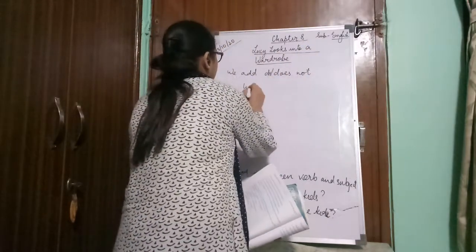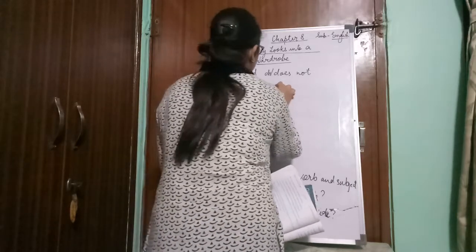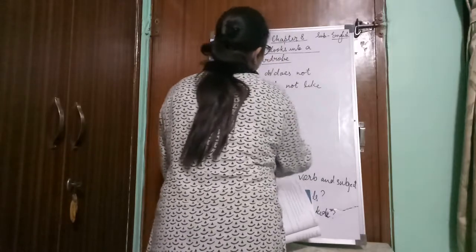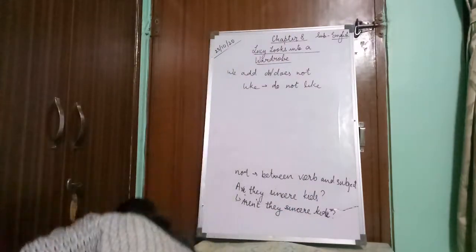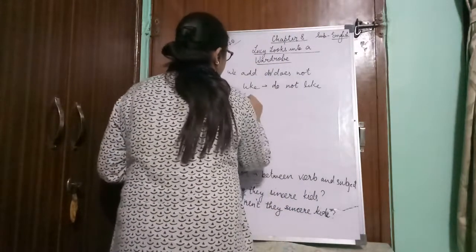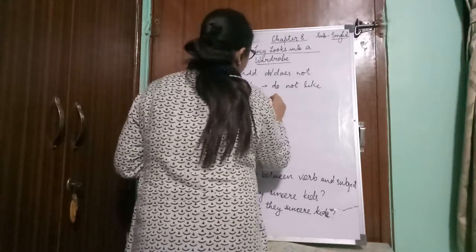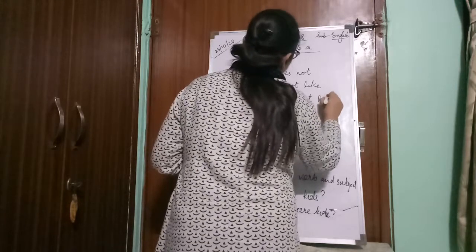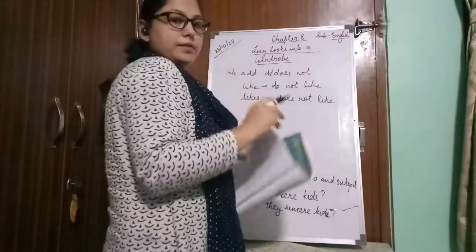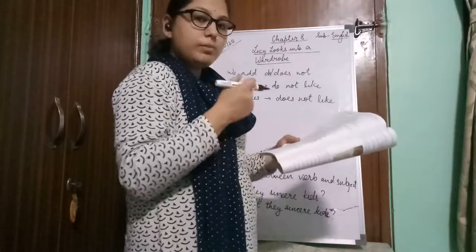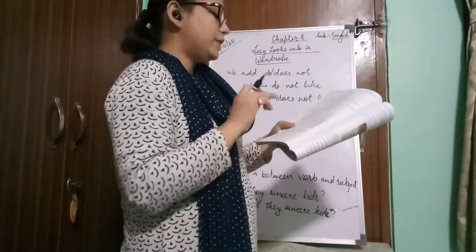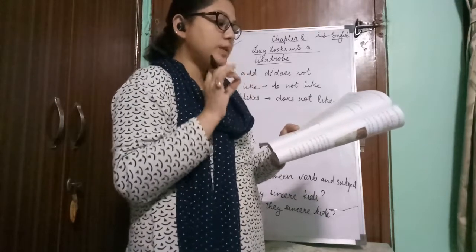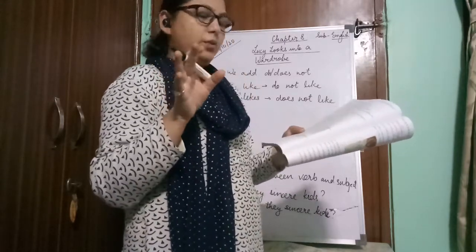If it is like, it will change into do not like. If it is likes, it will be does not like in negative. So this was about the simple present tense. If it is Lucy speaks English very fluently, when you change it into negative, it will be Lucy does not speak English very fluently.